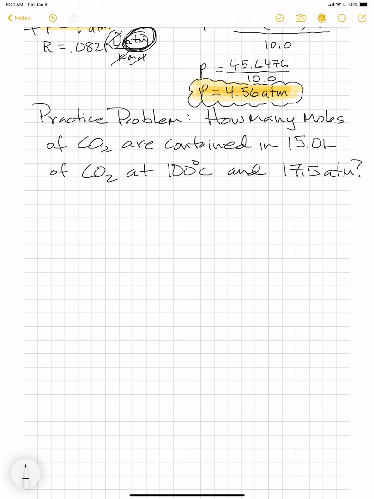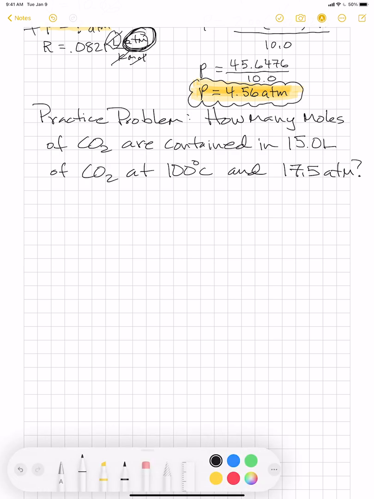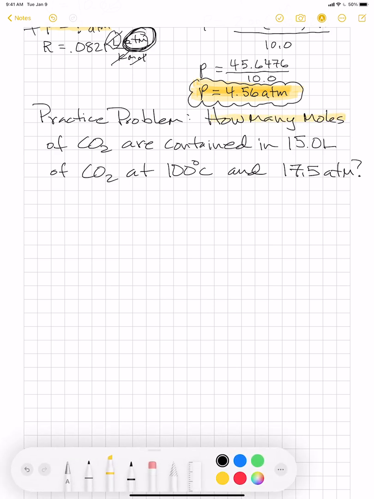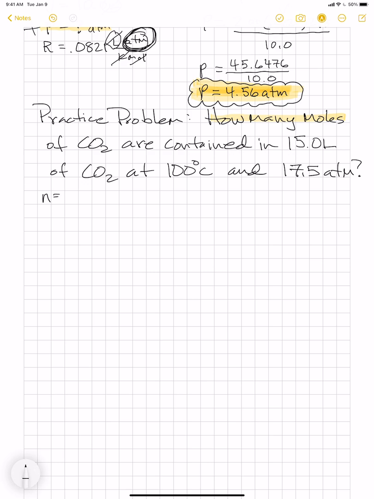Practice problems. How many moles? I see something. You're solving for moles. If you're solving for moles and you know it, just write it down. N is equal to unknown, okay? Of CO2 are contained in 15 liters. So volume is equal to 15.0 liters. Temperature is coming up, right? It's at 100.